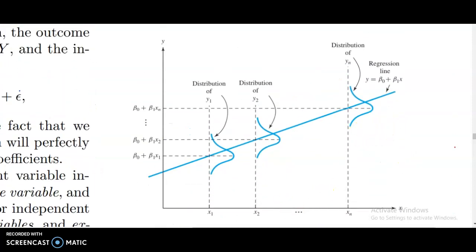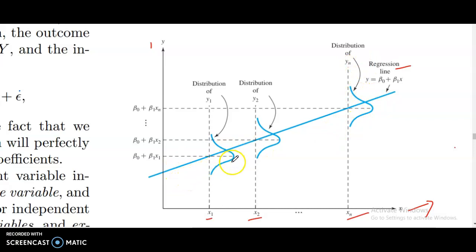So these are x1, x2, up to xn. Here is the x-axis and the y-axis. This is the regression line, y equal to beta naught plus beta 1 x. Here is the distribution of y1, the distribution of y2, the distribution of yn.